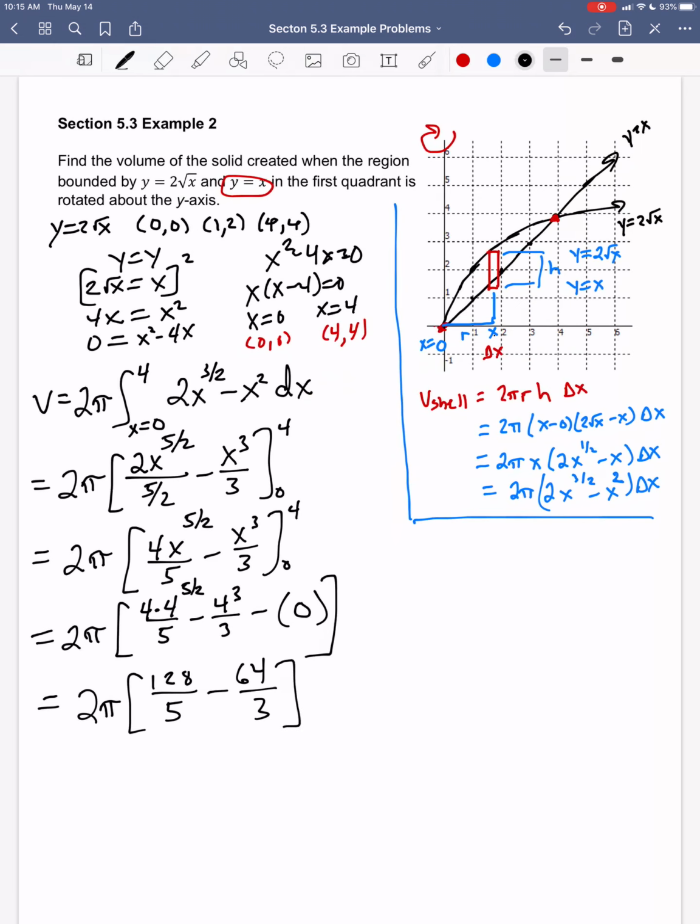And now I'm going to want to make both of those probably into 15 as a denominator, right? So I'm going to multiply top and bottom by 3, and then top and bottom by 5. So 128 times 3 is 384. 64 times 5 is 320.